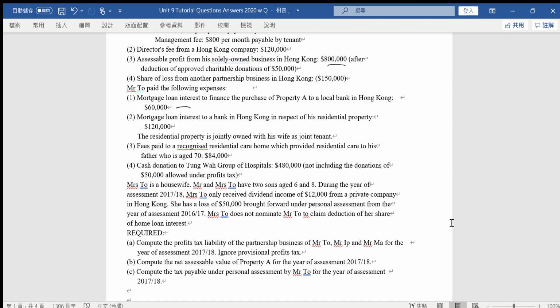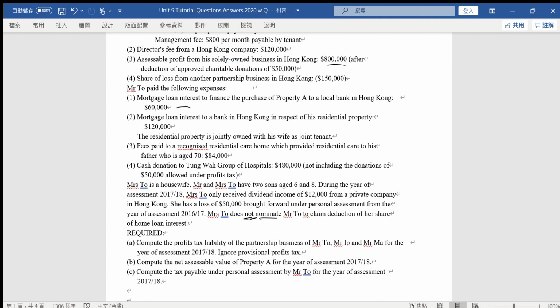And you also mentioned Mrs. To doesn't nominate, so Mr. To will claim the deduction of her home loan interest. That's why surely Mr. To can claim half of the amount of the home loan interest deduction only. The question asks, first, to calculate the partnership profit of To, Yip, Ma.